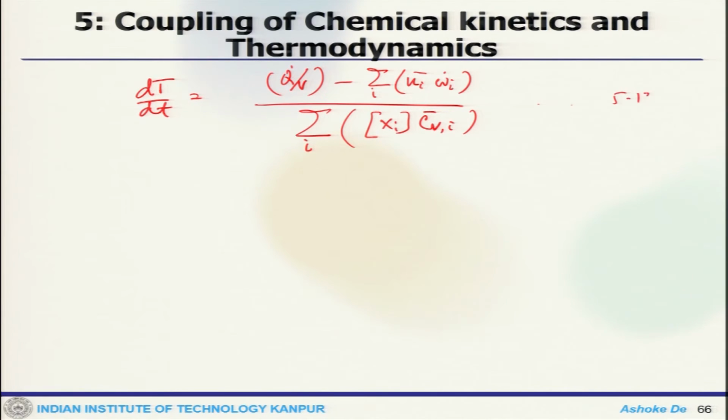So, that is my temperature. Now, you have Ui equals Hi minus RUT and CVI is CPI minus RU.